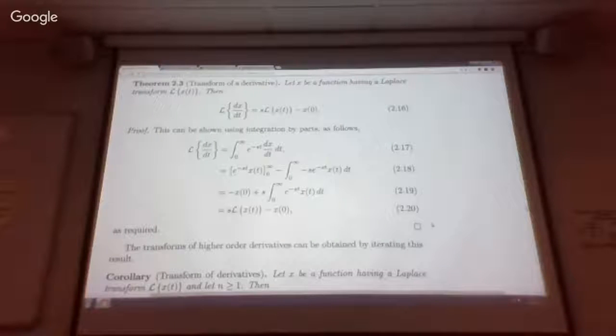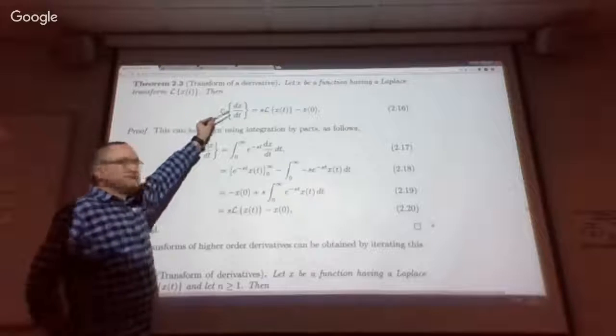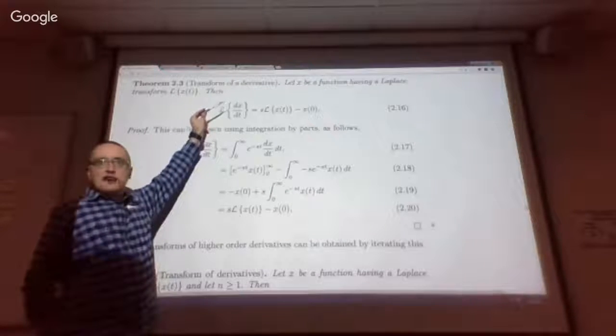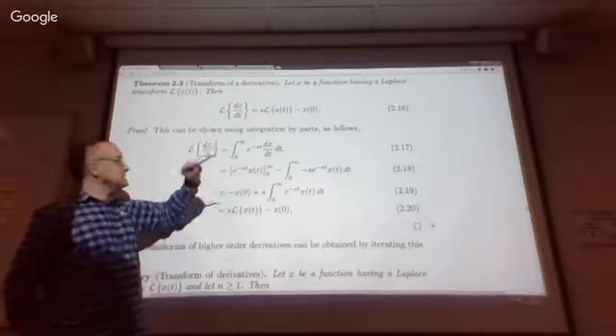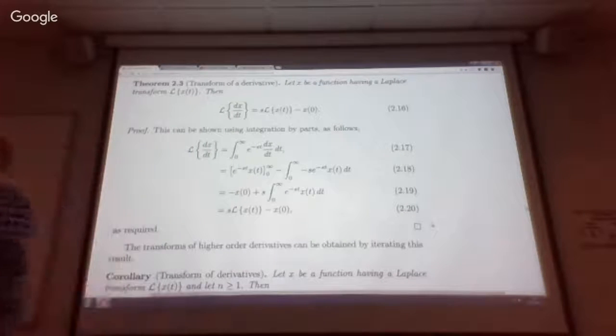And then we also looked at, okay, that deals with taking the Laplace transform of the derivative of x. You can just apply it again and again and again to deal with higher order derivatives. You don't need to prove anything new.